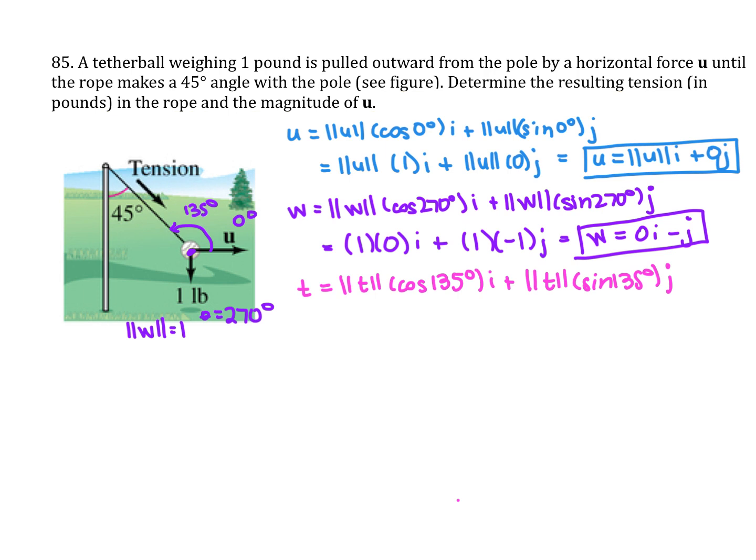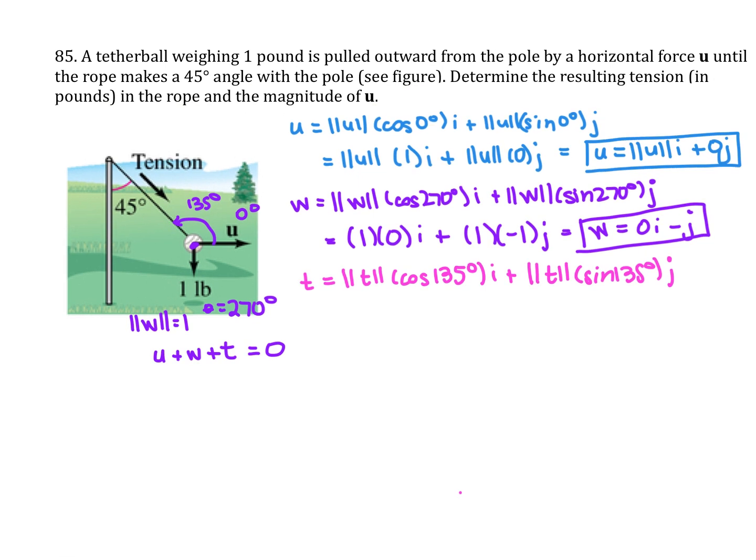Before that, if we add these vectors, U plus W plus T, that is going to equal 0. All of that tension is keeping the ball in place, so it makes everything equal 0.